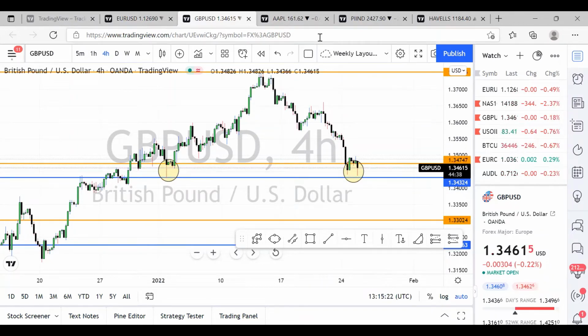So this could be a good reason to look for buying opportunities in the upcoming week. But make sure that it goes further down, because it looks like the overall trend is still continuing to the downside. We haven't had any good opportunities from the buyers. So this is telling me overall that the sellers are in control rather than the buyers.